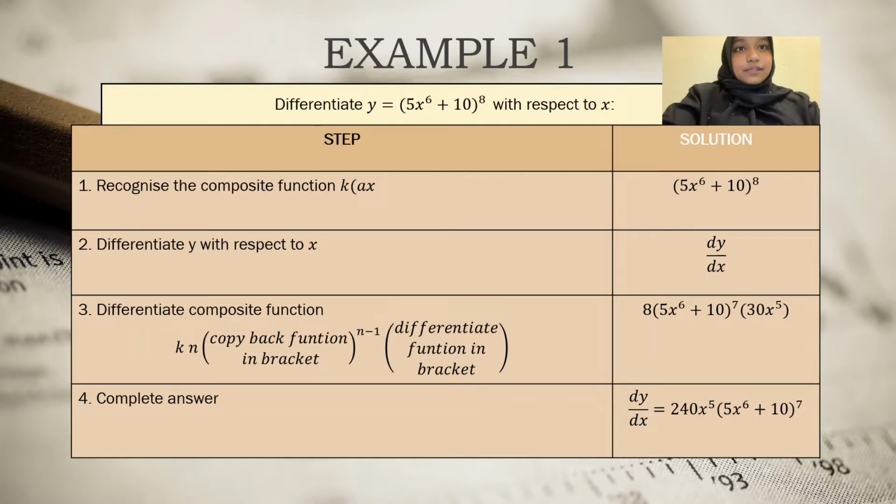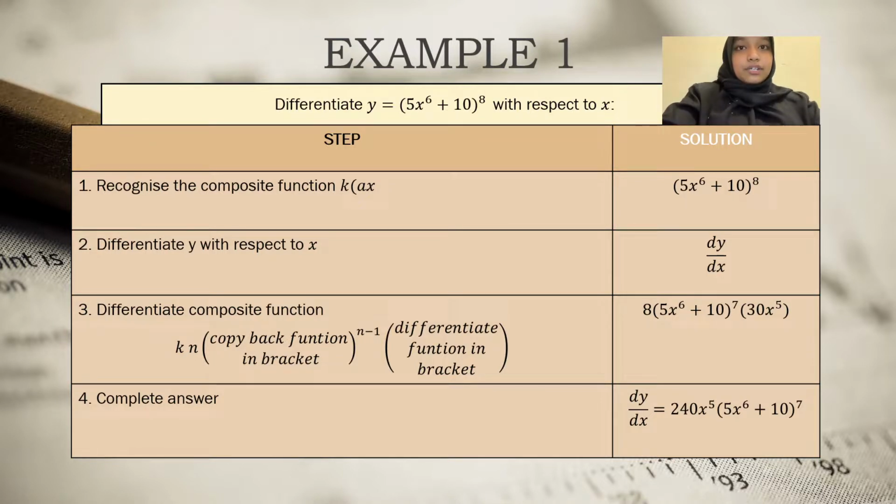For an example, differentiate y equals open bracket 5x power 6 plus 10 close the bracket power 8 with respect to x. Step 1, recognize the composite function k open bracket ax plus b. So the solution is open bracket 5x power 6 plus 10 close the bracket power 8. Step 2, differentiate y with respect to x. So the solution is dy over dx.